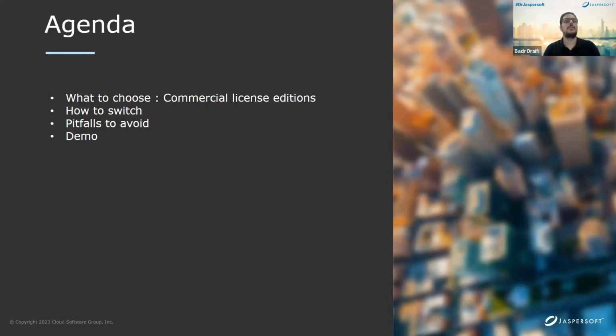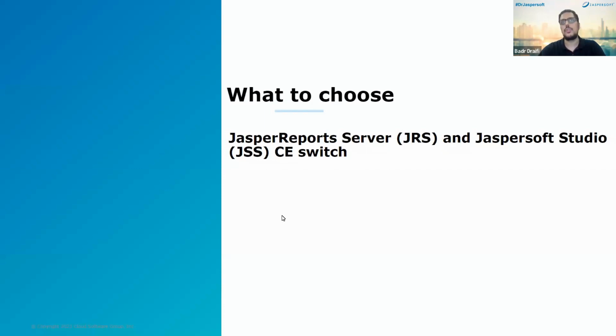What is it going to take for you to move to which edition, and what are the implications of this switch? We're also going to talk about how to switch and pitfalls to avoid. And at the end, we're going to do a demo covering what I've just described in those first bullet points.